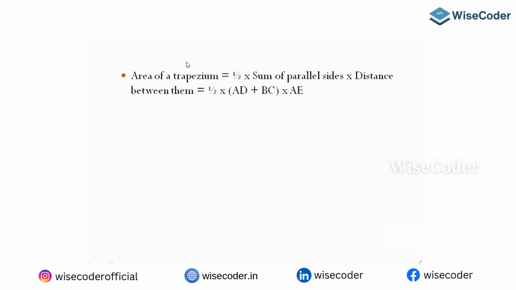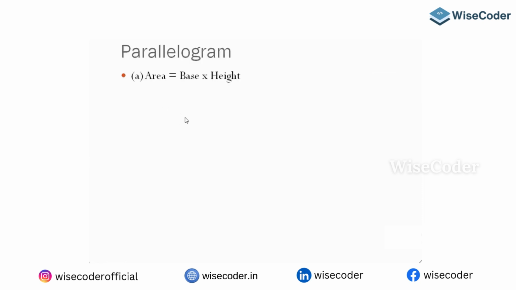Now, guys, you have to pause the video and understand this. And next, after trapezium, parallelogram. What is the area? It's very simple, base into height. If the sides are given, then area is equal to product of two sides into sine of included angle. That's what you have to take. So this is about your parallelogram.